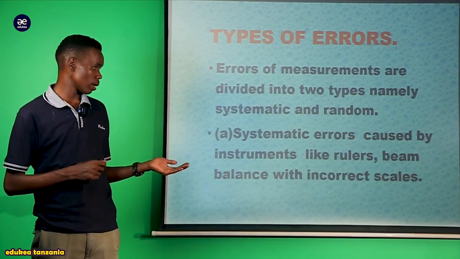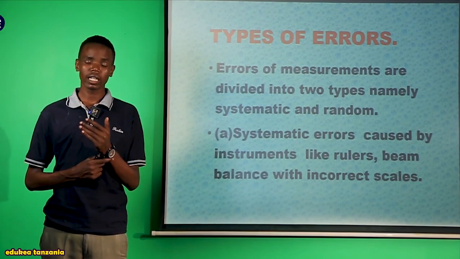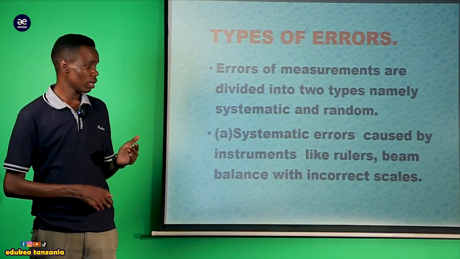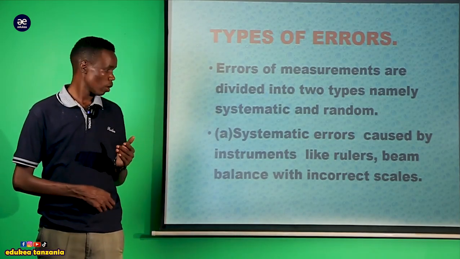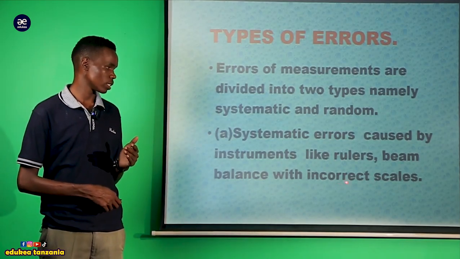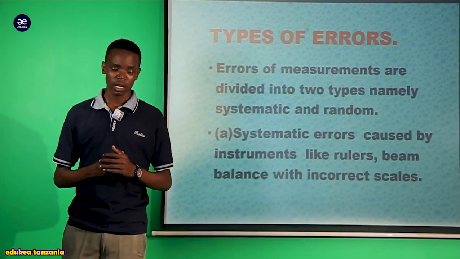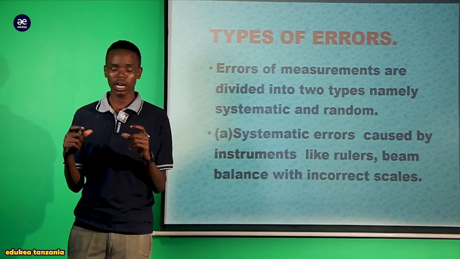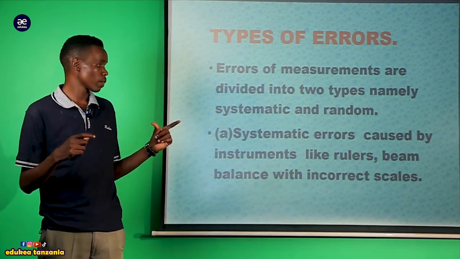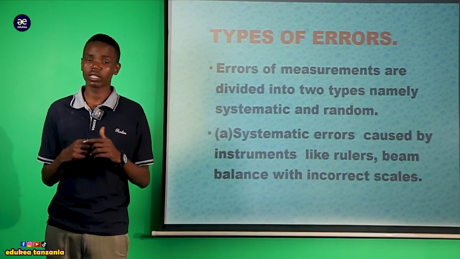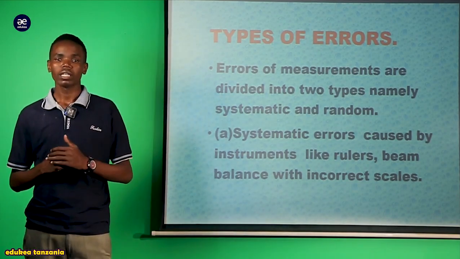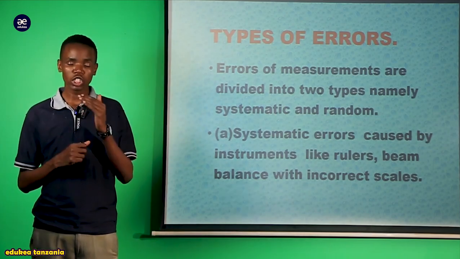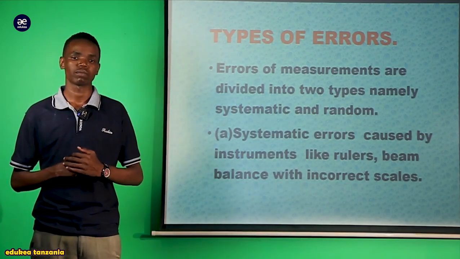As you can see here, the instruments that can cause systematic error are like rulers and also the beam balance with incorrect scales. If we have a ruler, and that ruler contains incorrect values, the wrong scales, that will lead you to obtain the errors called systematic errors.